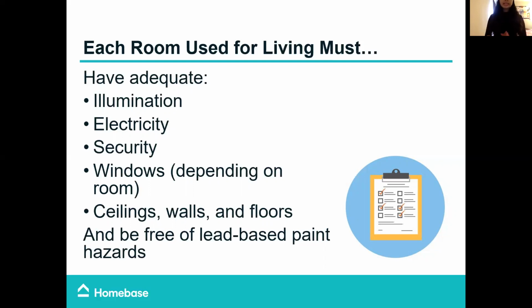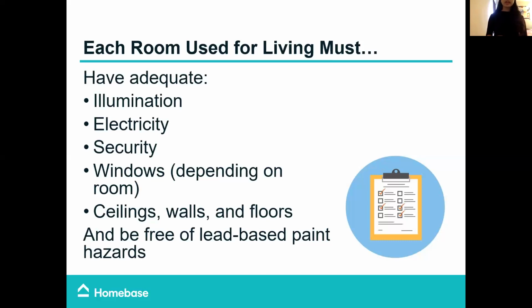It can lead to significant developmental delays and other health issues. If a unit is built prior to 1978, then before execution of the lease, the owner, in the case that it's a rental assistance unit, or the program, if it's a leased unit, is required to disclose knowledge of lead-based paint in the housing to all prospective residents. And in the case that a unit is built prior to 1978 and will house a child under the age of 6, a visual assessment on all surfaces must be conducted.